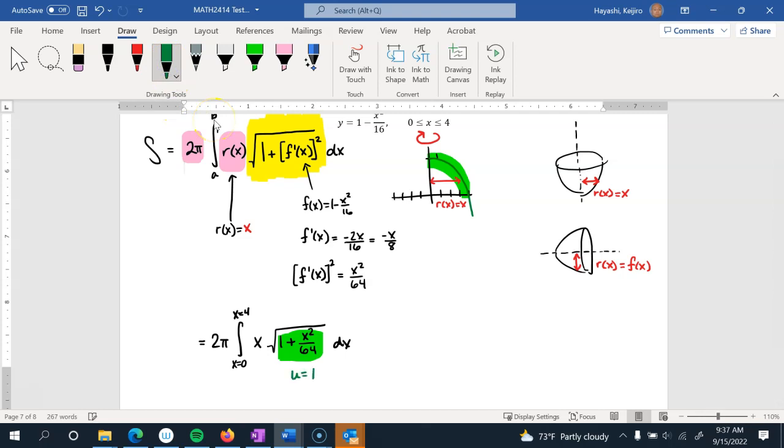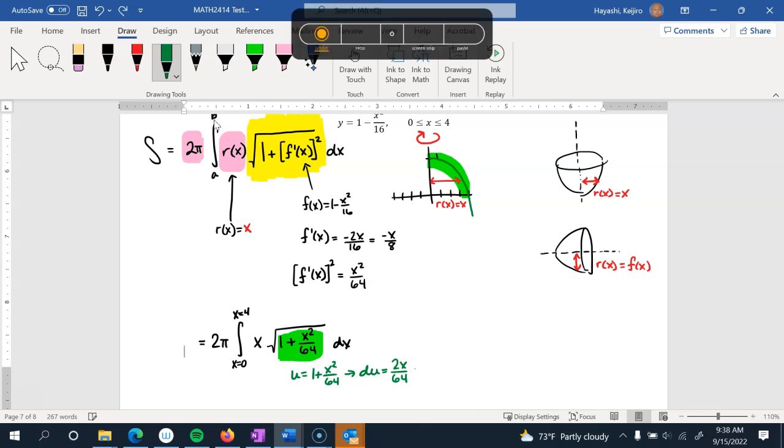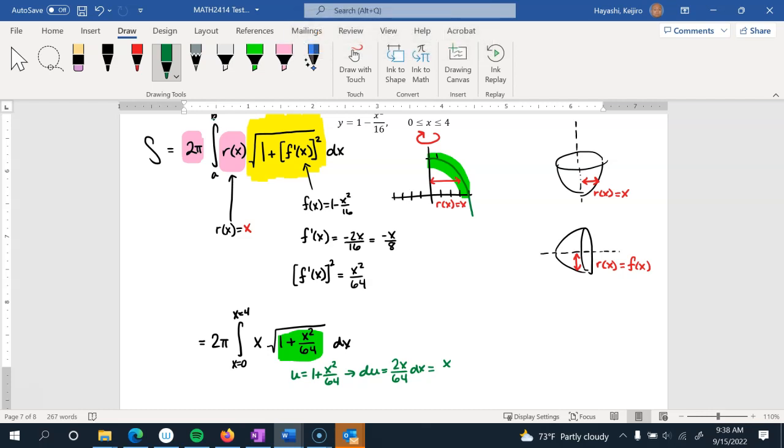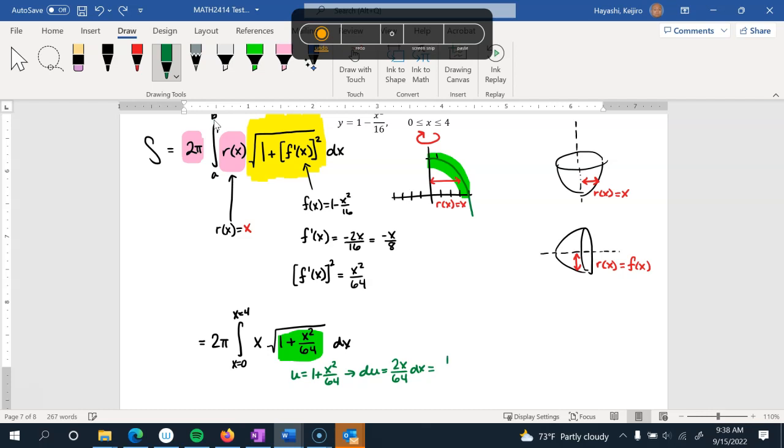U is 1 plus x squared over 64, which means that du is going to be 2x over 64 dx, I should say. Or, simplifying that, x over 32. Or 1/32 x dx.